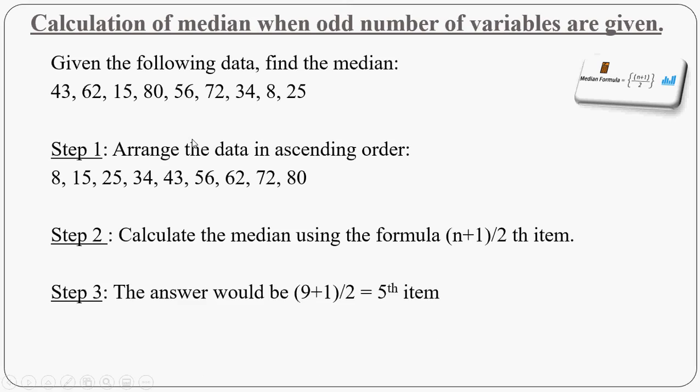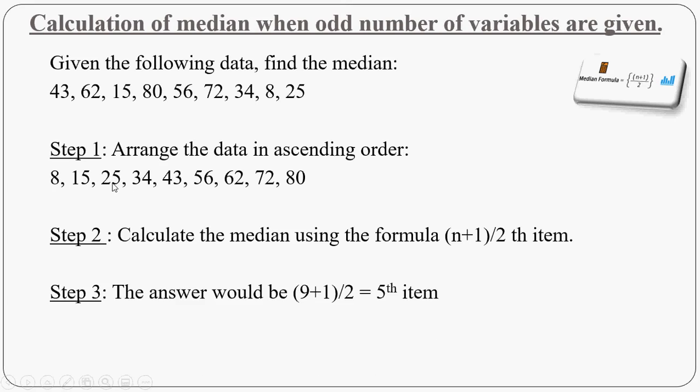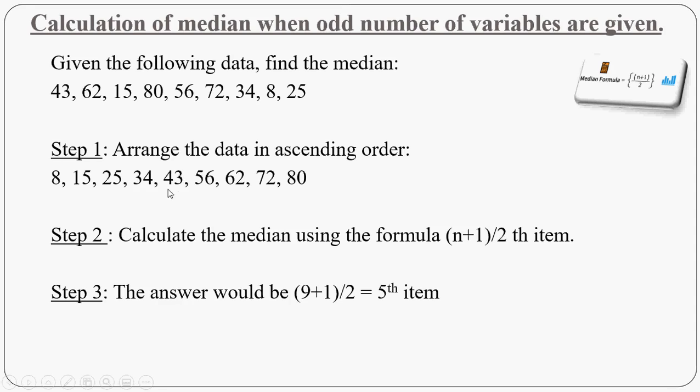So we need to locate it after arranging. You see here 1, 2, 3, 4 and 5. So the answer is 43. This is step number 4. Hence the median would be 43. I hope this simple problem is clear to understand to calculate median when an odd number of variables is given.